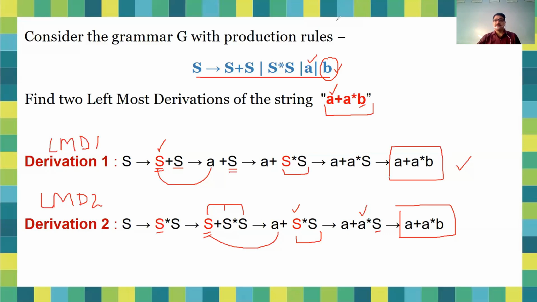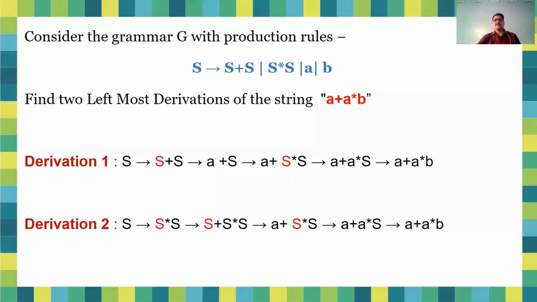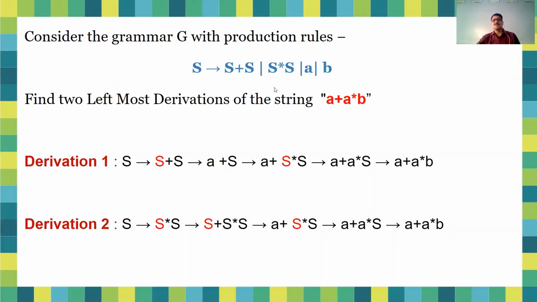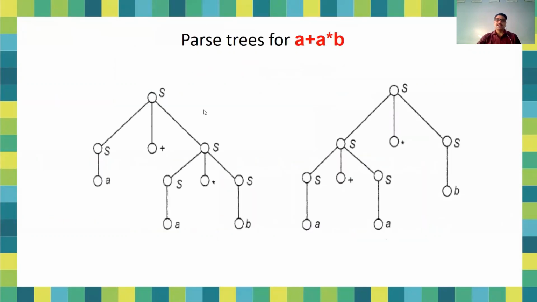Now we can try another method, that is by constructing the parse tree. So simply, we can construct a parse tree for a + a * b by using the given production rules. And now we can find the yield, or the string, by concatenating all the leaves from left to right.